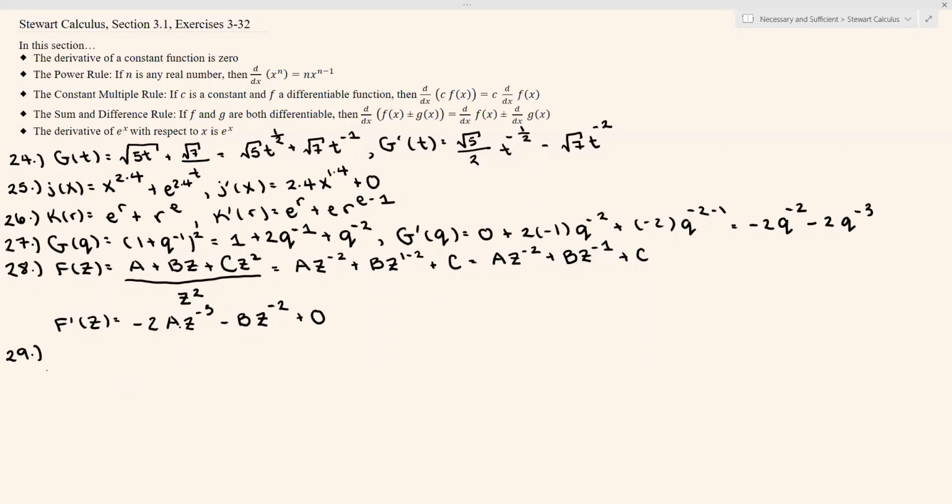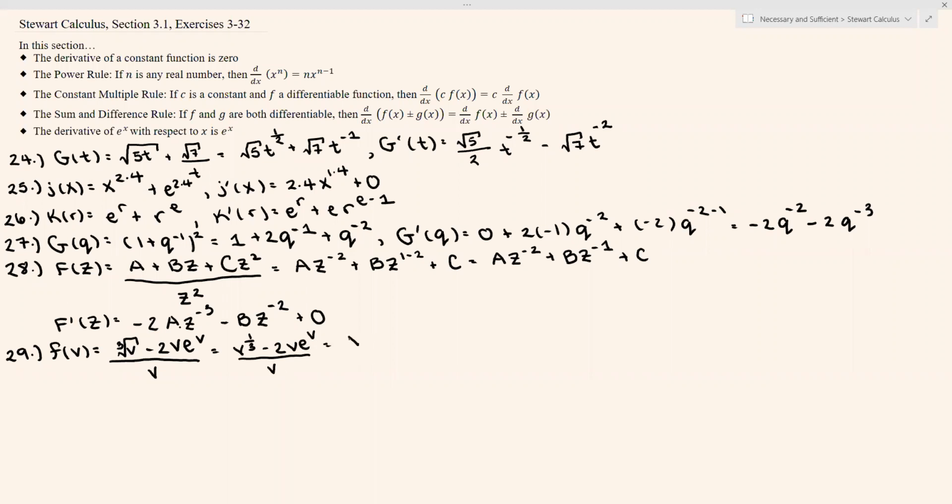Problem 29. We have f of v is equal to the cube root of v minus 2v e to the v over v. So let's rewrite this as v to the 1/3 minus 2v e to the v divided by v.